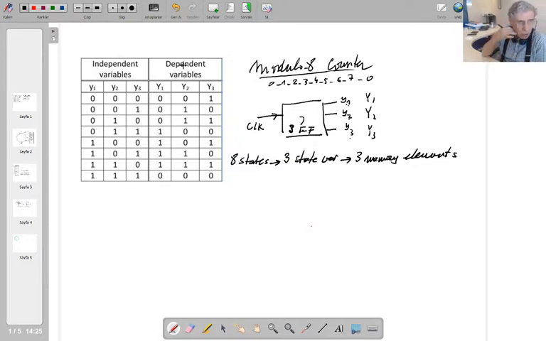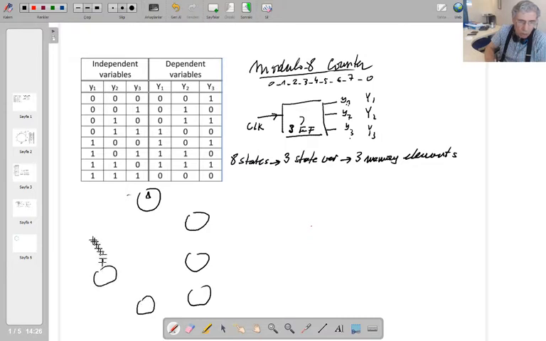You don't need to draw a state diagram here maybe, but if you do so, let me do it. Since the states here are 0 to 7, the total number of states is going to be 8, isn't it? A, B, C, D, E, F, G, H. Now if you give these letters to these states, you're going to give a code as well.